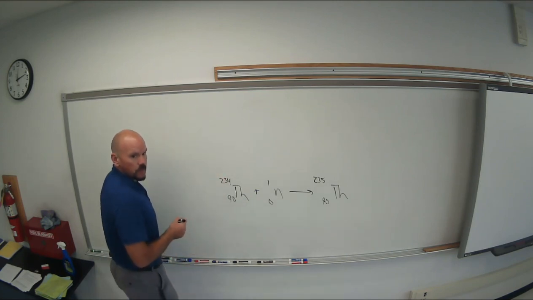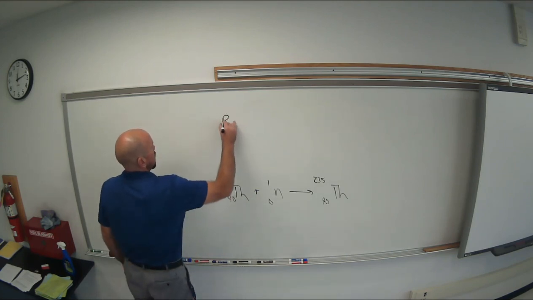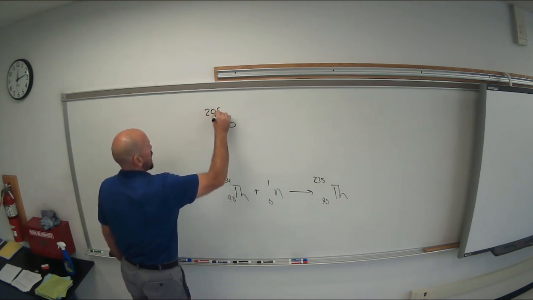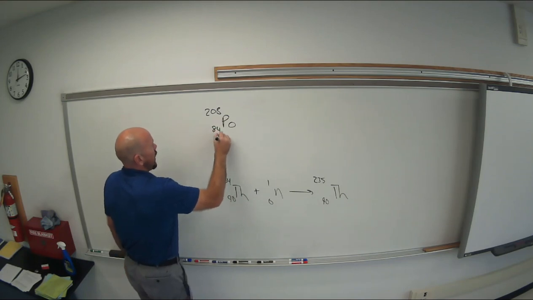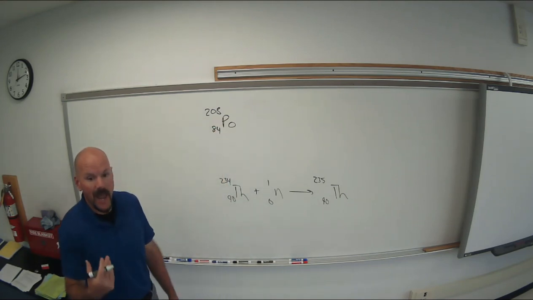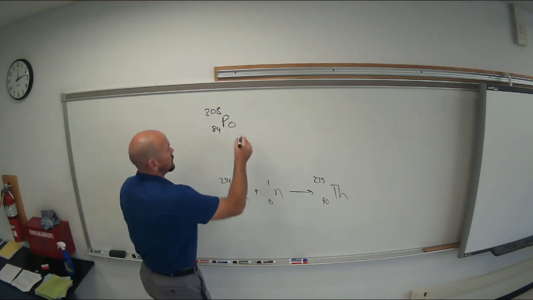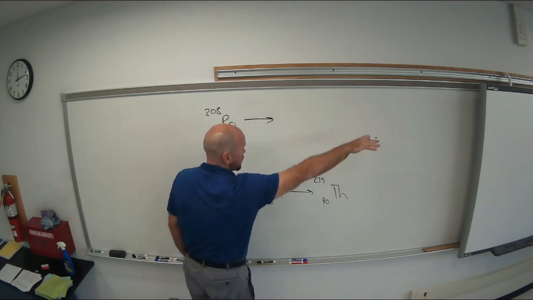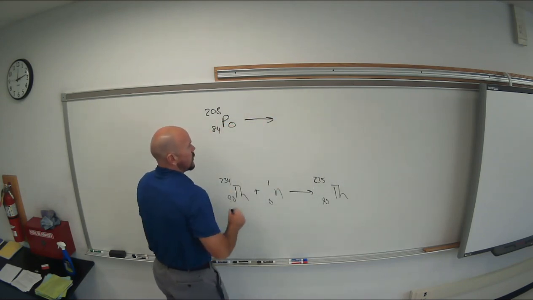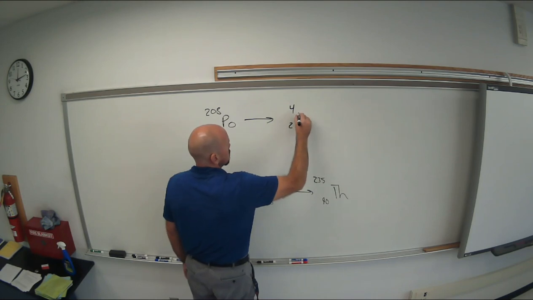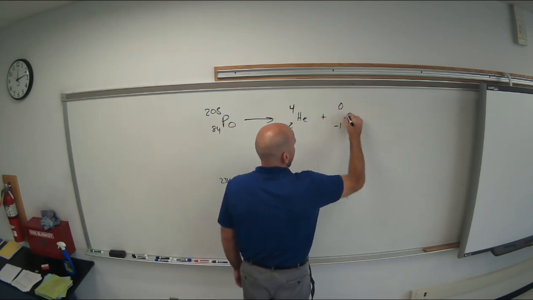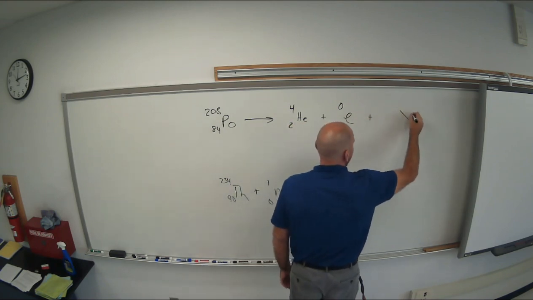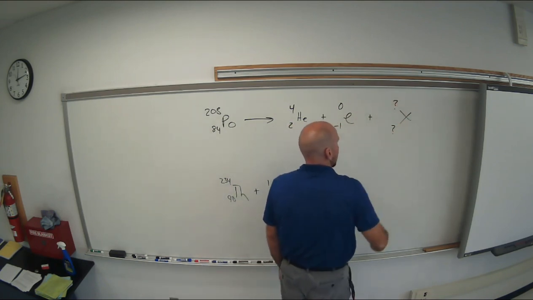Okay, so polonium-208, and polonium's atomic number is 84. And let's say it went alpha decay and beta decay. So decay would mean that's leaving the nucleus, so it's going to be on this side of the yield sign, an alpha particle. But then it also lost the beta particle, so I would write that. And then again, we're trying to figure out what that is.